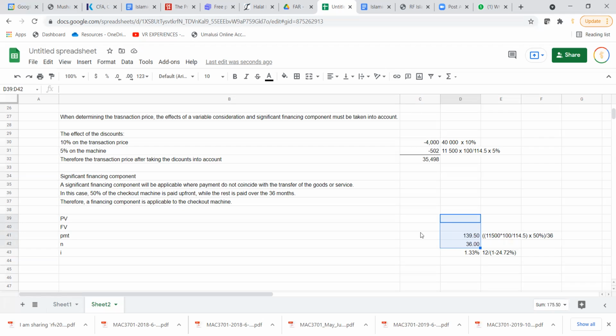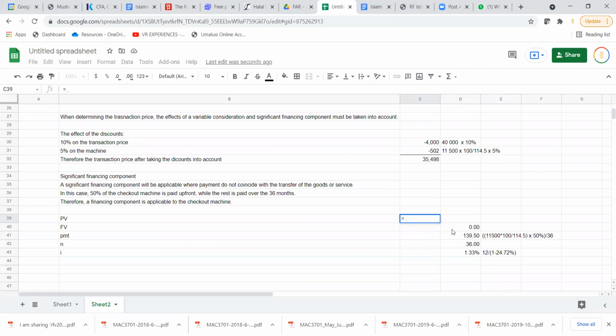Now, the future value is the lump sum payment at the end. There's no lump sum payment at the end. So that means we can work out the present value. Okay, so the present value would be as follows.